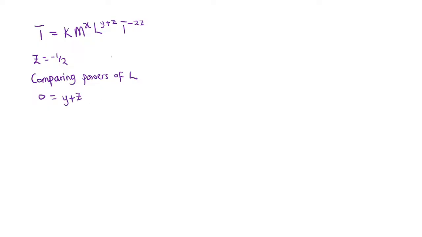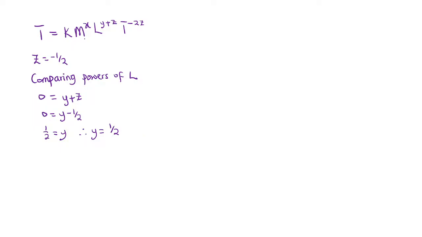Now we already know the value of z, which is negative half, so I have minus 1 over 2 over here. So if I make y the subject and I send the half over here, I have half positive is equal to y. So therefore, my value of y is equal to positive half.